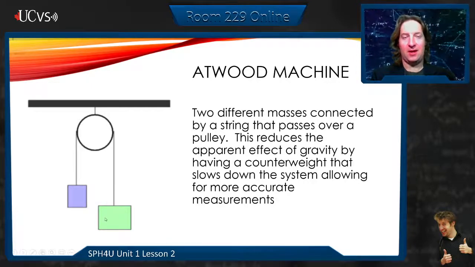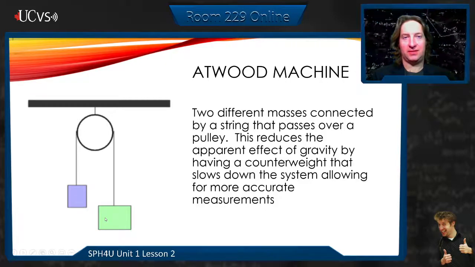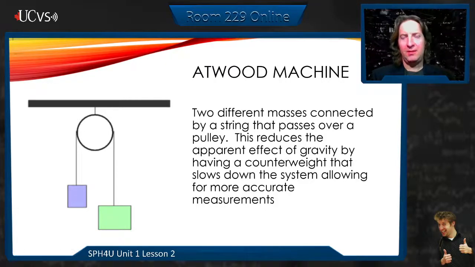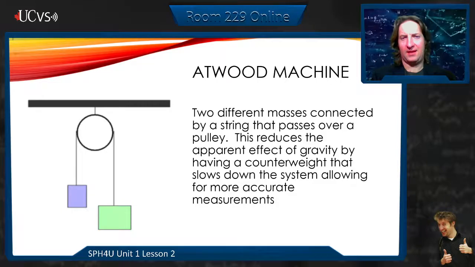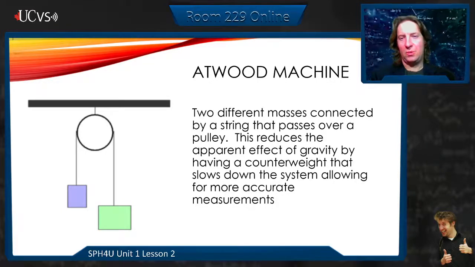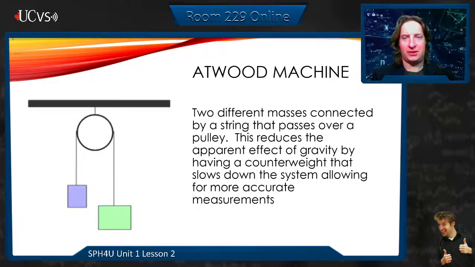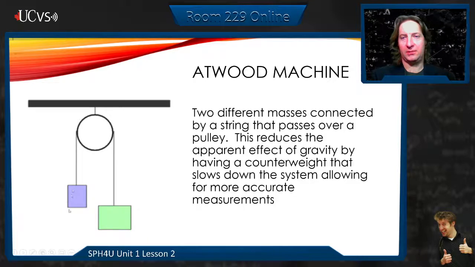Now, to analyze how an Atwood machine like this functions, it's going to be a little bit difficult, because how can we come up with a way to consider distances and speeds and accelerations and that sort of thing when they're traveling in opposite directions? Let's say that the green block here is much heavier than the blue block.